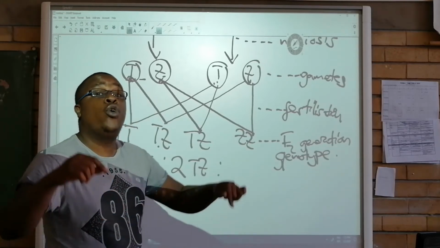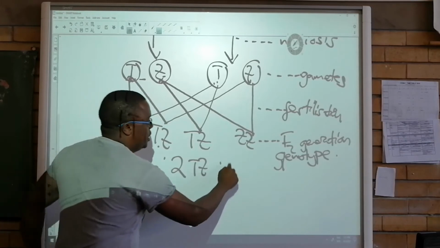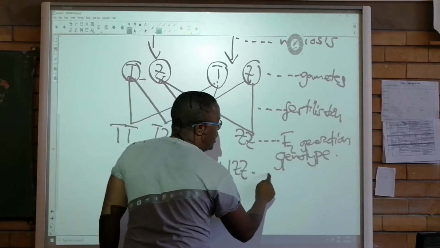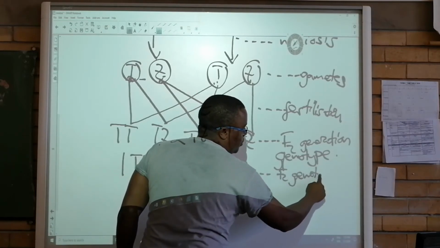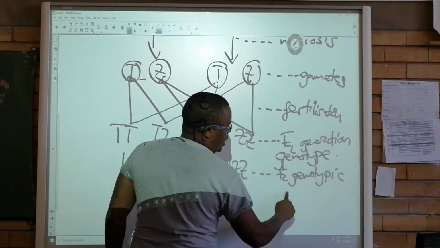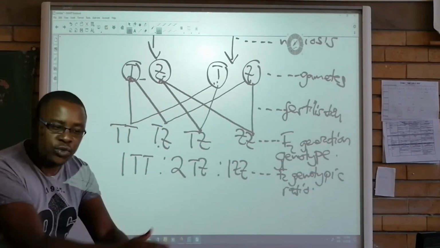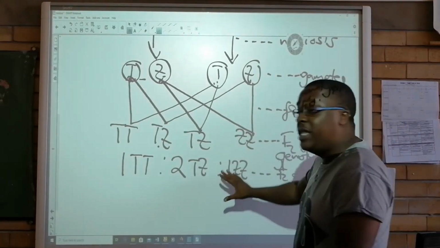How many of the homozygous recessive do we have? 1. So 1 homozygous recessive, and then we write F2 genotypic ratio. Give it to them because you don't know what they want. So let's give it to them. I hope that makes sense.